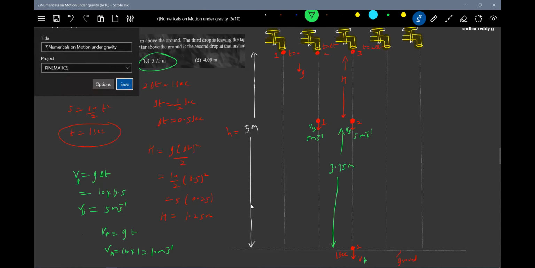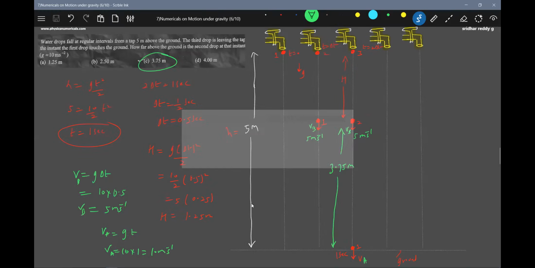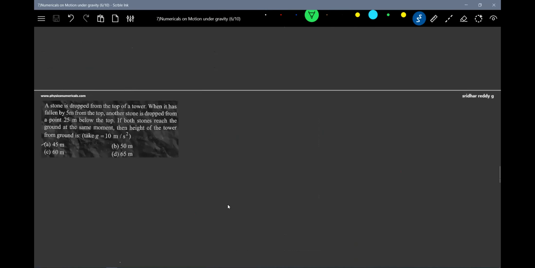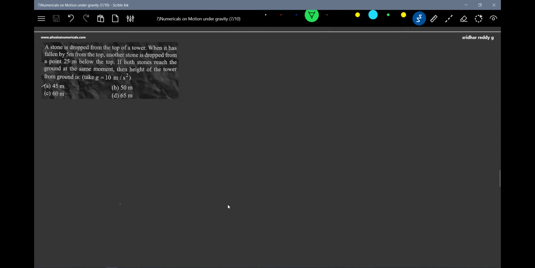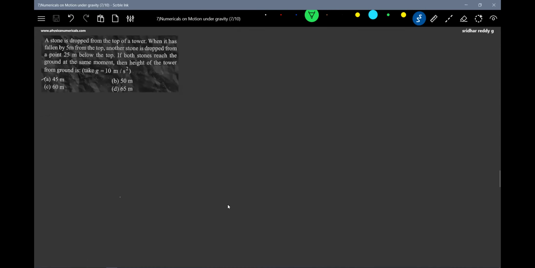Let me take the other question. A stone is dropped from the top of a tower, and when it has fallen 5 meters from the top, another stone is dropped from a point 25 meters below the top.